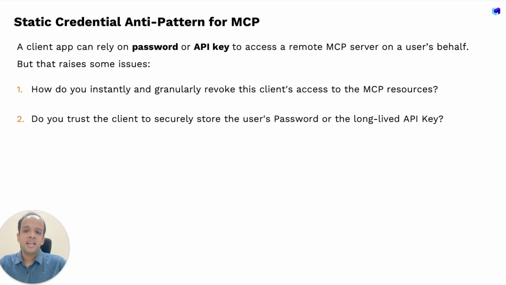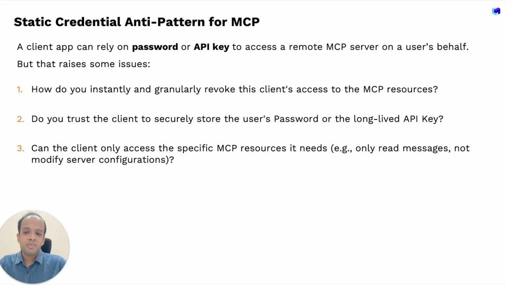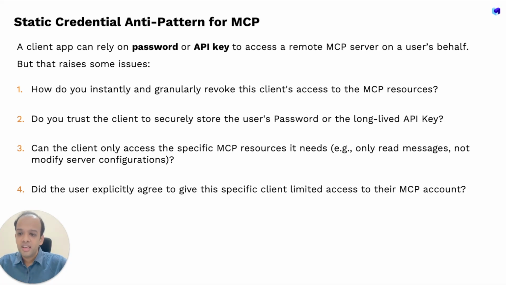Would it trust the client to securely store the password or the long-lived API key which can allow access to the MCP server resources? Can the MCP client only access very specific MCP resources, or does it have blanket access to everything? Did the user explicitly agree to give this specific client limited access to their MCP account? So we need something more elegant in order to counter these issues.